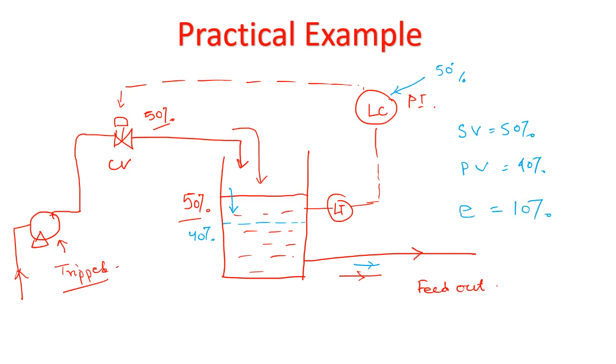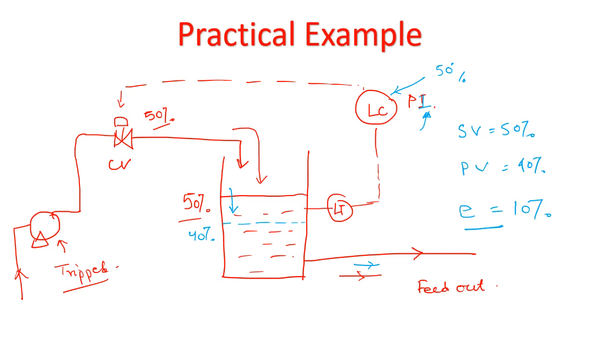So as there is a non-zero error, the I action will continue to act on it. The I will be acting on this valve, because the error is still there, right? So what will happen?